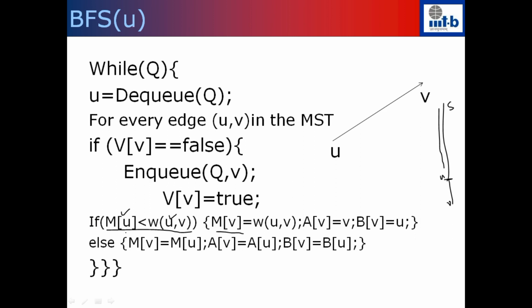If this condition is not true, that means the maximum weighted edge along the path from S to U is bigger than the current edge.